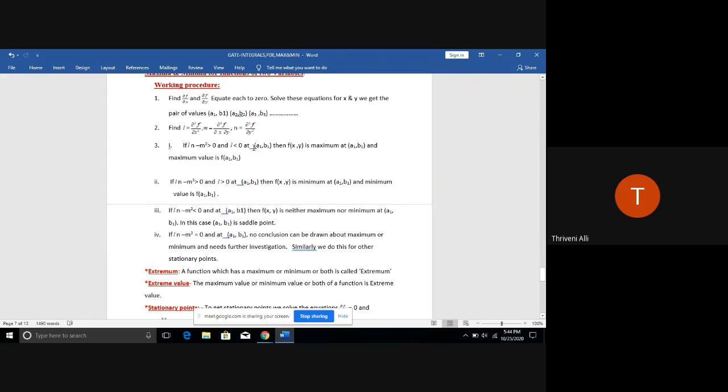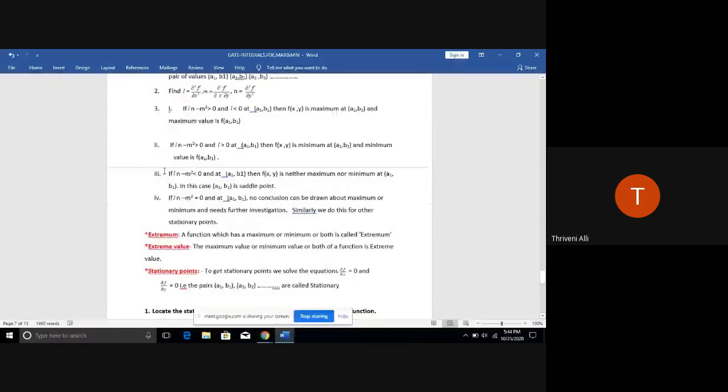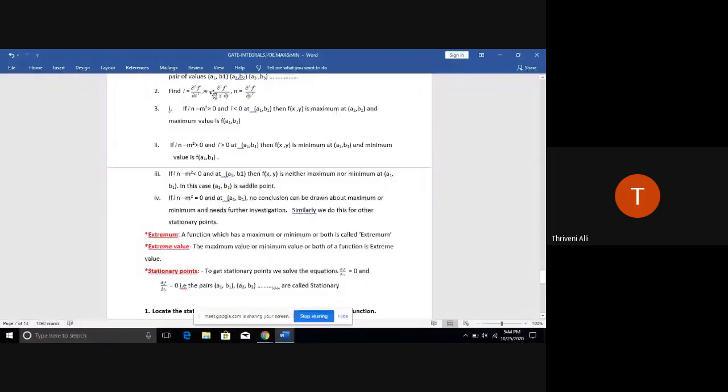If LN minus M square is less than 0, how will we get LN minus M square? What is L? Second partial differentiation with respect to x. What is N? Second partial differentiation with respect to y. What is M? ∂²f/∂x∂y. So by product, LN minus M square. If it is less than 0 at the stationary points, suppose at (a1, b1), the function has neither maximum nor minimum.